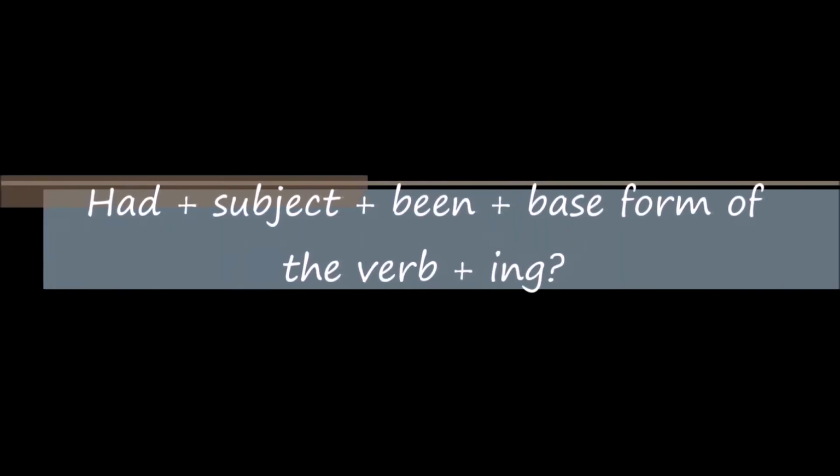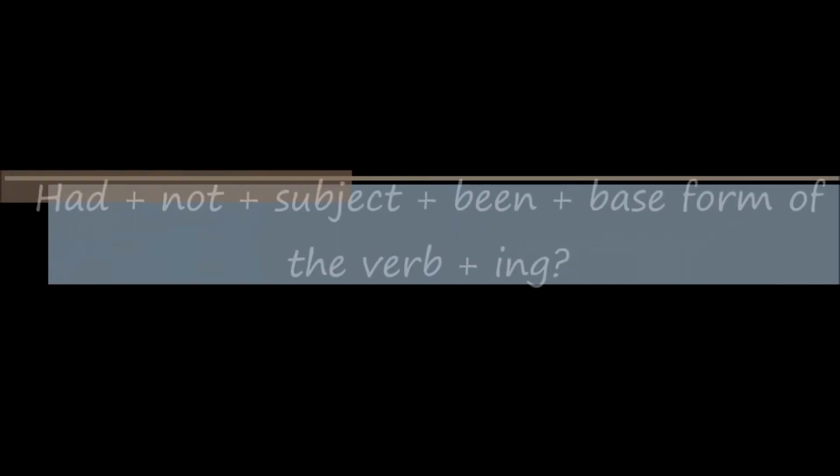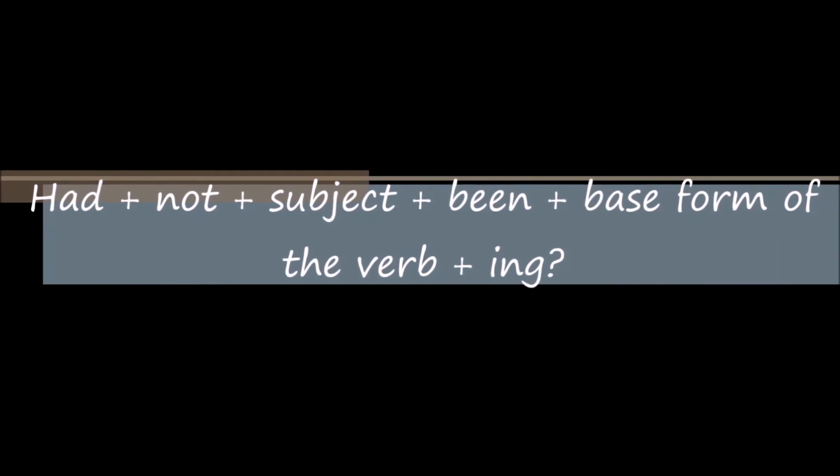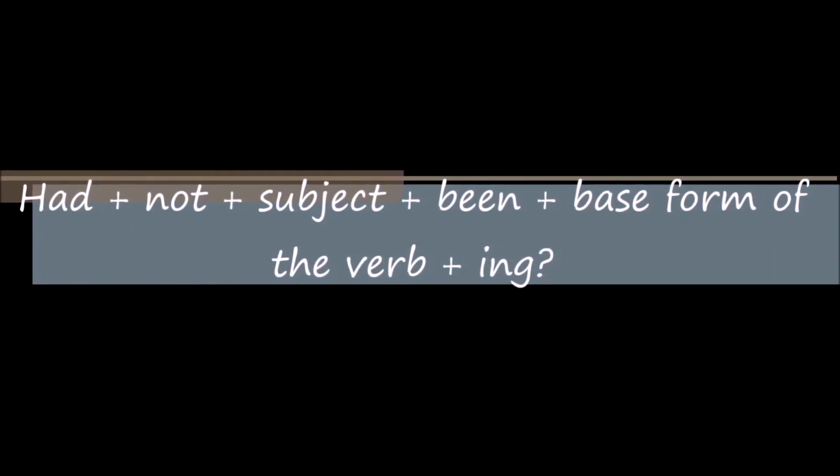For positive, had plus subject plus been plus base form of the verb plus ing. Example, had you been working? For the negative, had plus not plus subject plus been plus base form of the verb plus ing. For example, hadn't you been working?